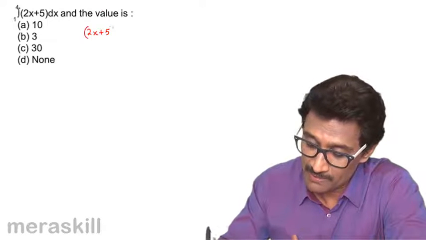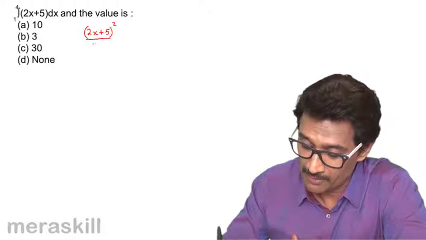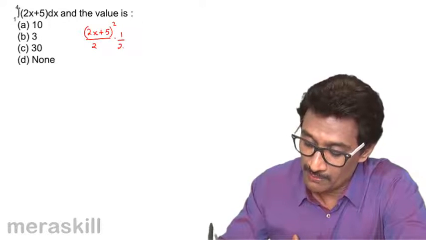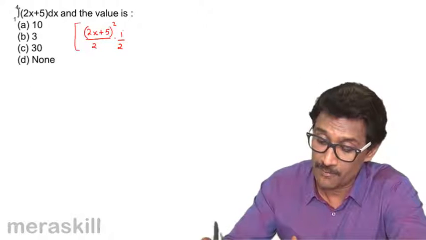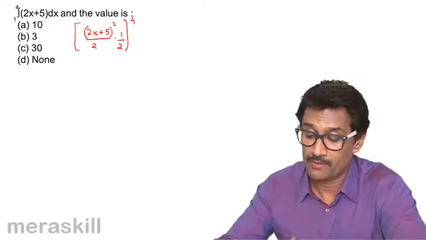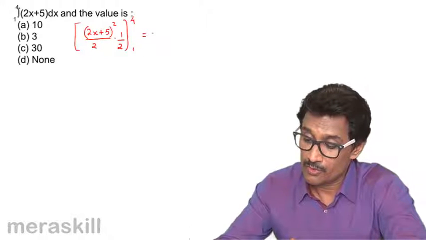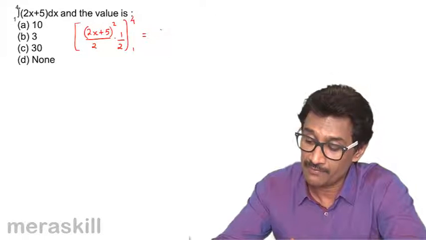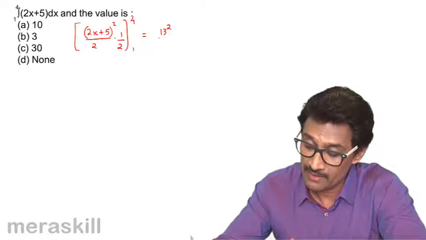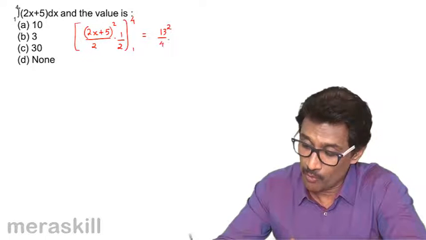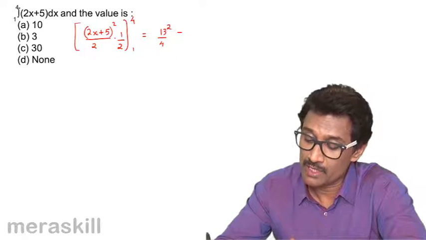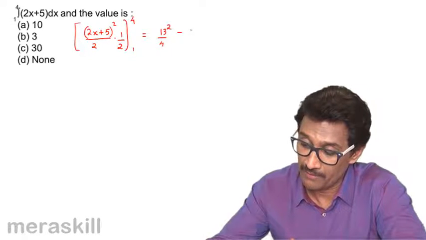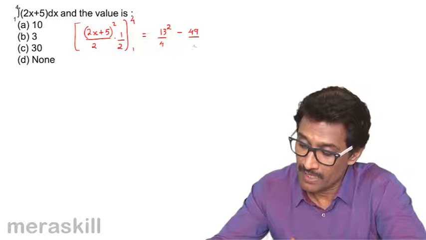So it's going to be 2x plus 5 the whole square by 2 into 1 by 2 from 4 to 1. So it's going to be 2x plus 5. 2 4s are 8 plus 5, 13 square by 4, minus 2 1s are 2 plus 5, 7 square, 49 by 4.